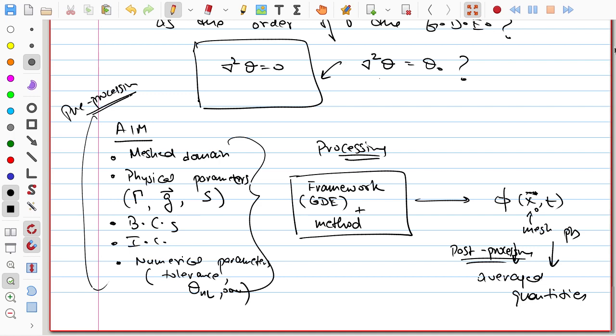So this is typically what you will be able to do towards the end of the course. So this is your final assignment problem or course project, something similar.